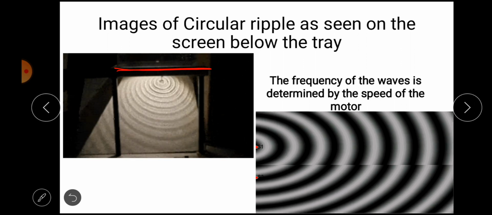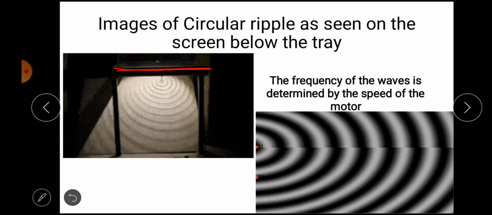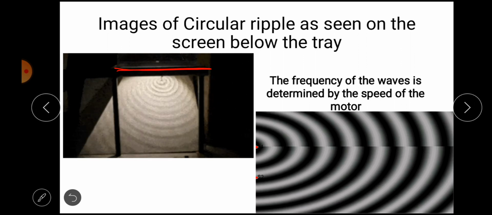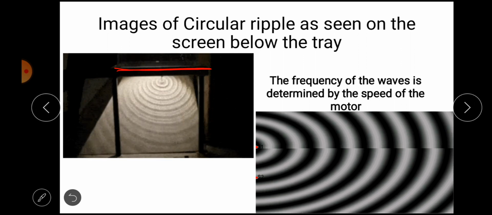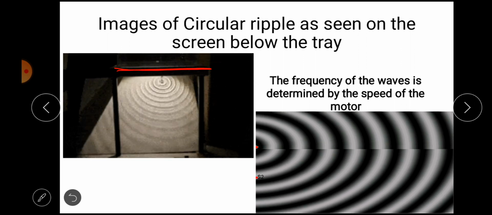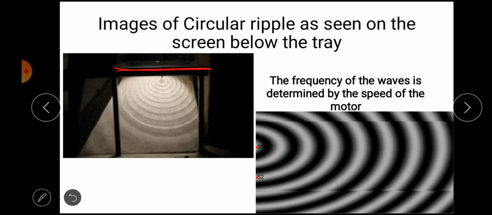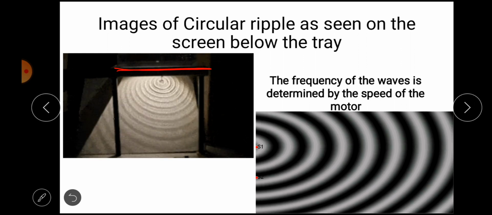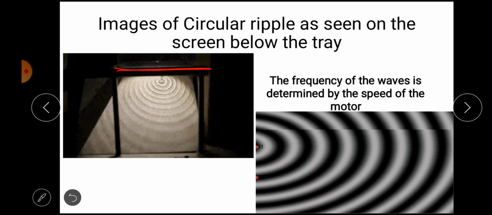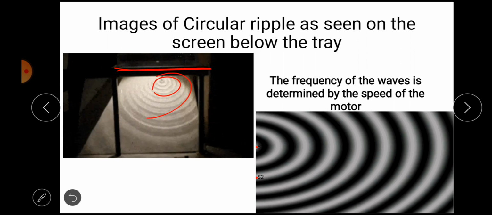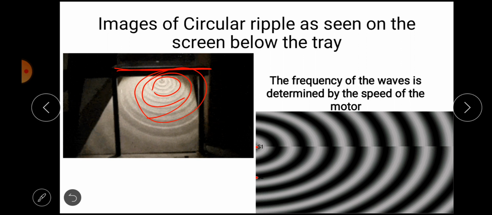That's the small ball, and it is touching the water surface, and then we are looking at the screen below the ripple tank. So you will see these circular waves that are formed here on the screen.